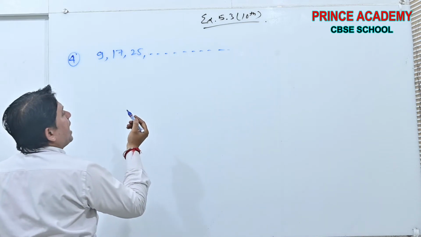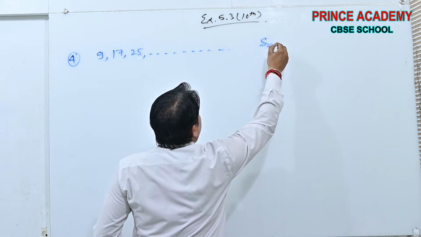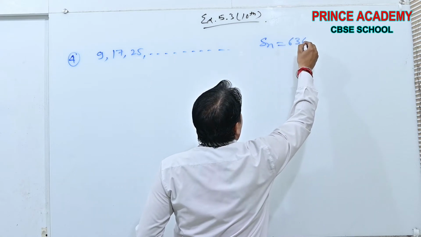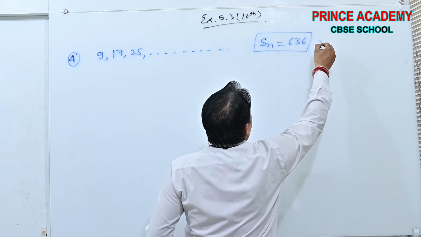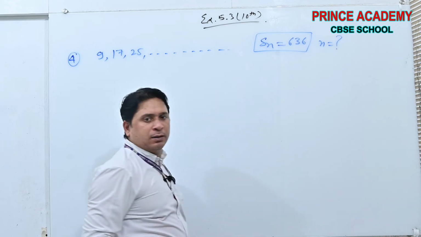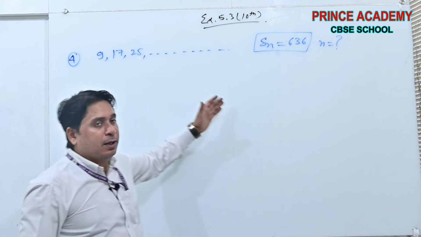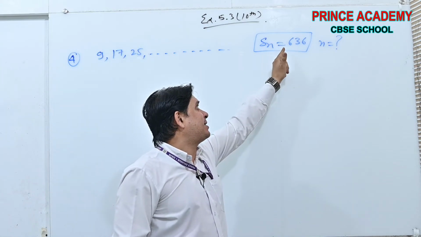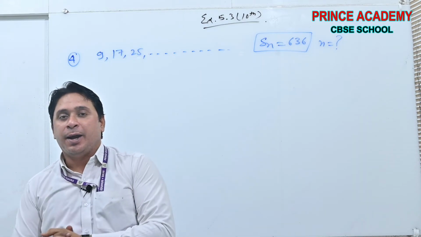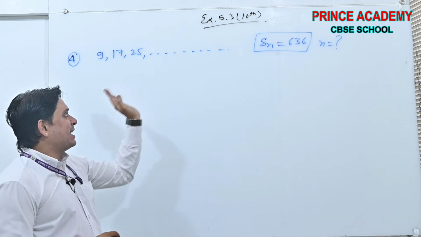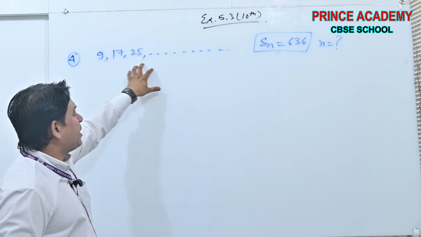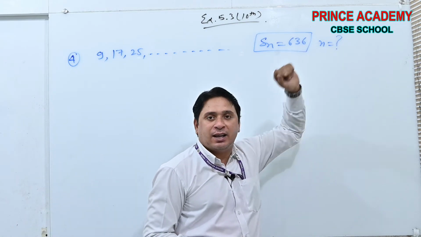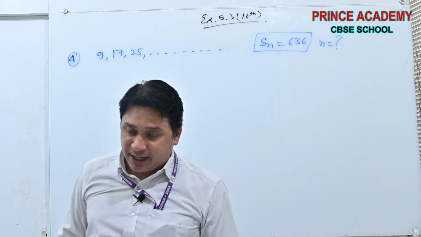And it is given that the sum of some terms of this AP is 636. How many terms will make it? It means Sn is 636. The AP you already have, you have to find N.